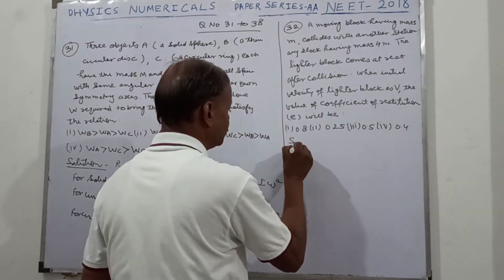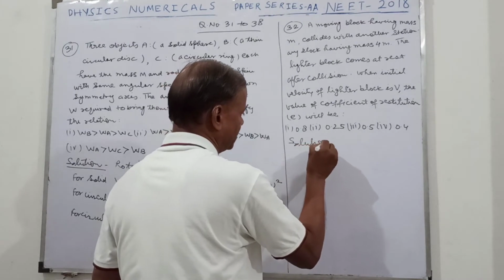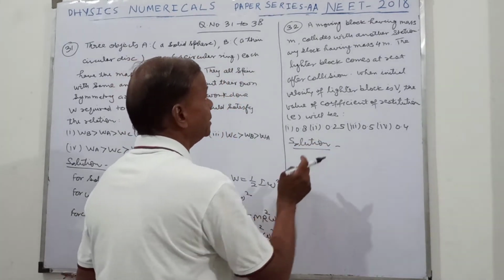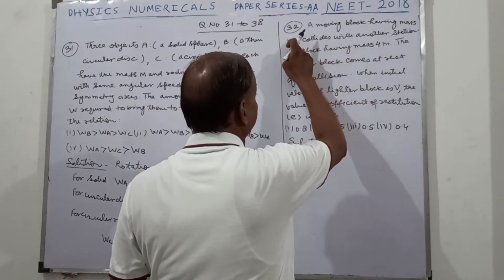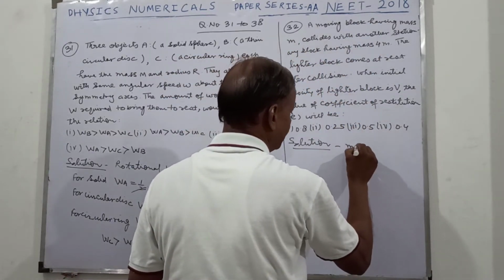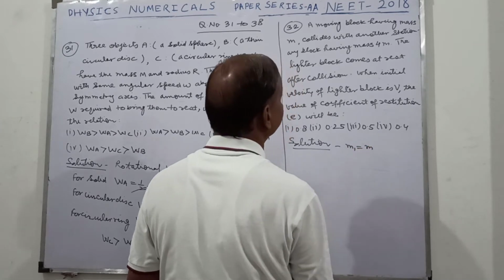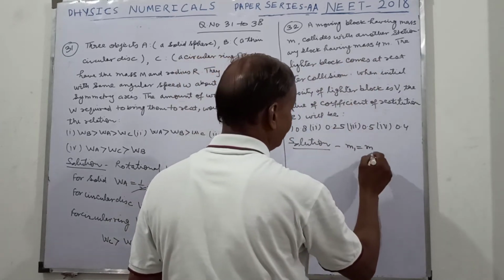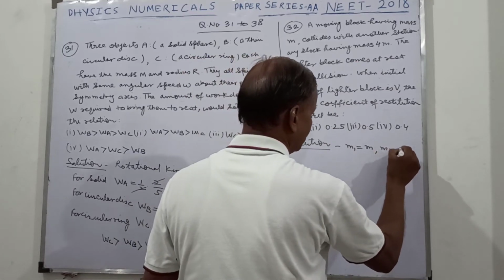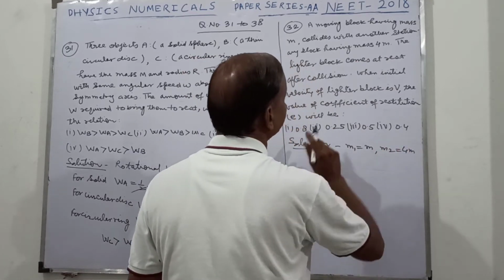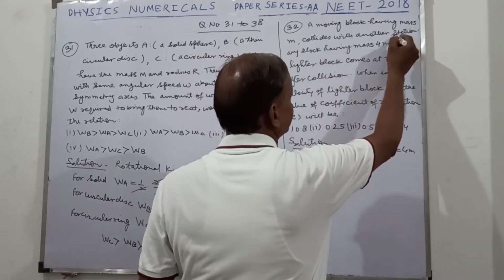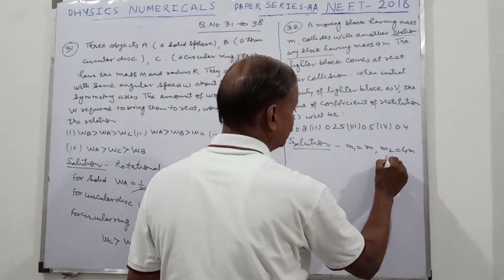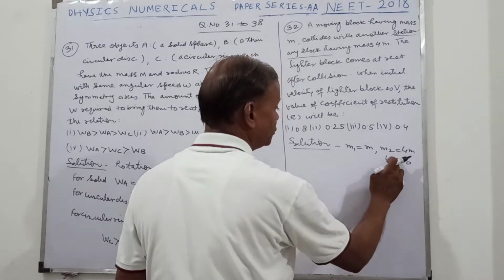Now the solution. What is given in the question? The mass of the latter block is m, so m1 equals m. The other block has mass 4m, so m2 equals 4m, which is stationary. Stationary means u2 equals 0.